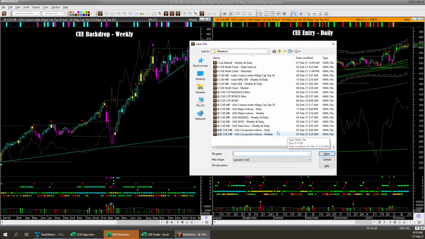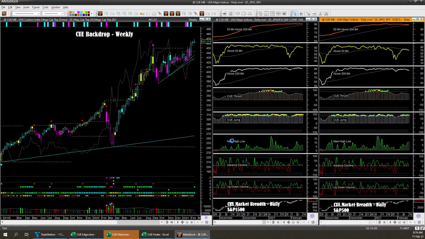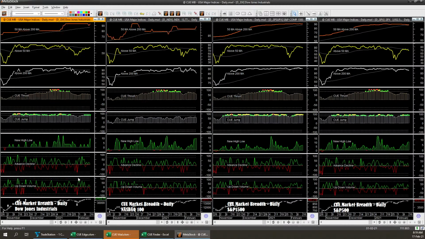Now let's look at the movement of stocks relative to their moving averages using the major indices. I'm using daily interval here. Looking at the 4 major indices, Dow Jones, Nasdaq 100, S&P 1500 and S&P 500.